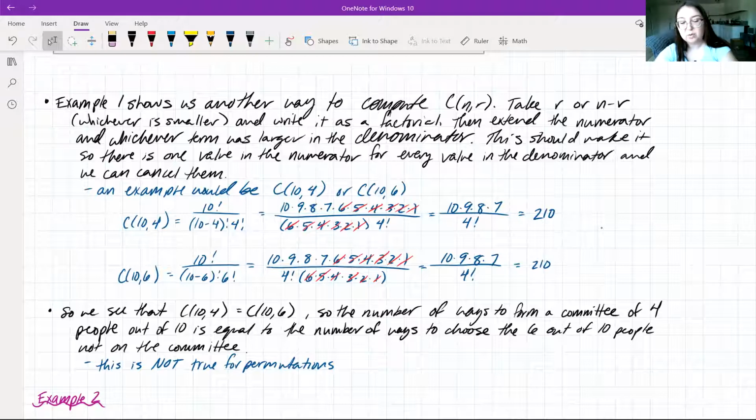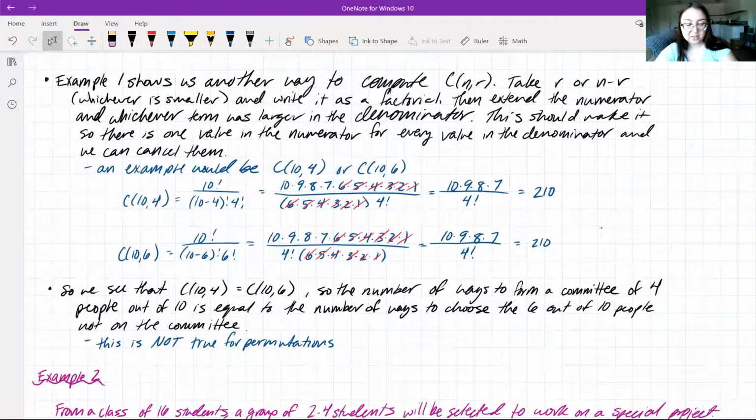Remember, whichever one is bigger, that is the one you're going to extend out. So we end up with our same numerator: 10 factorial extended, 4 factorial left in factorial notation, and we extend out our 6 factorial. This gives us the same answer, which is 10 times 9 times 8 times 7 divided by 4 factorial. It's also going to be 210 combinations.